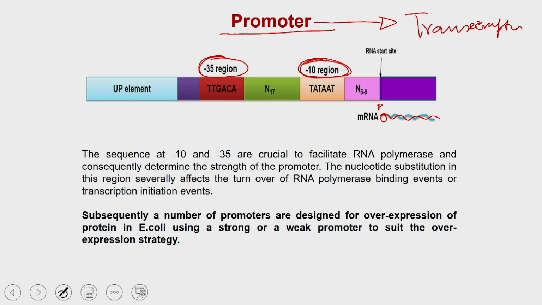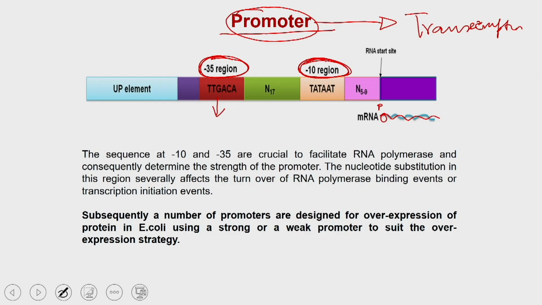The presence of different nucleotide sequences, or cassettes, decides the strength of the promoter, because if the -35 region as well as the -10 region is very strong in terms of facilitating the binding of transcription factor as well as RNA polymerase, then this promoter is going to be very strong.